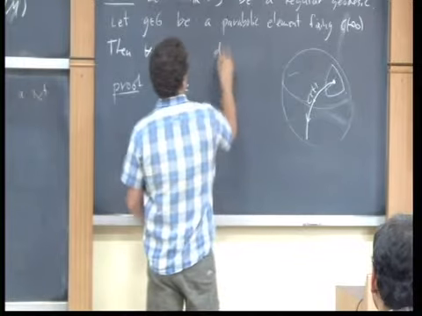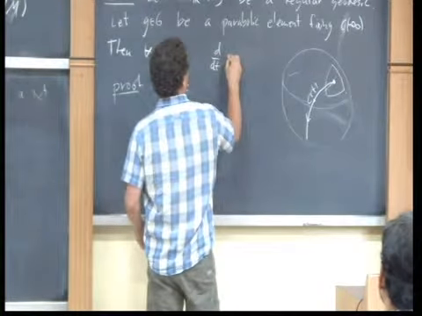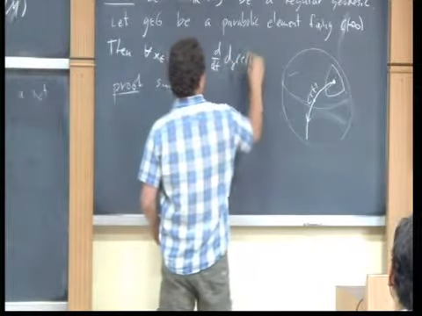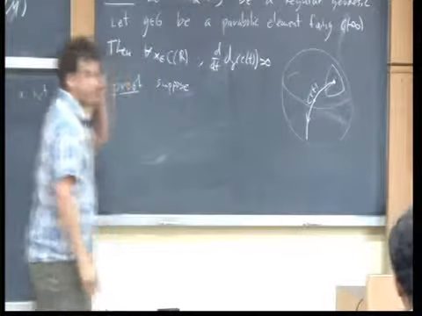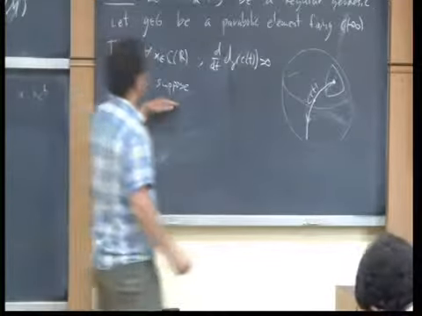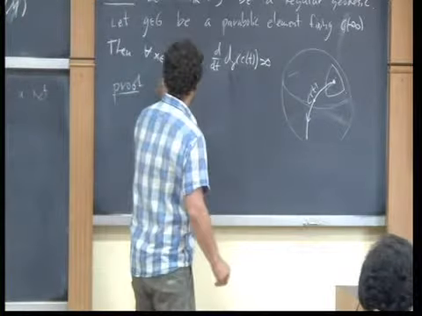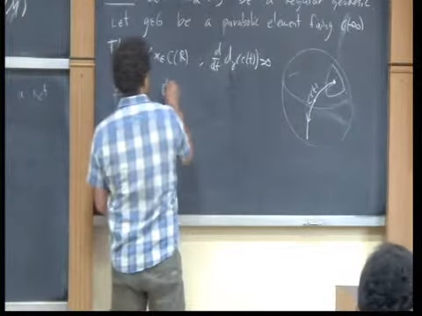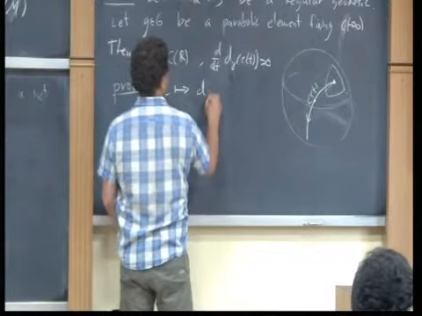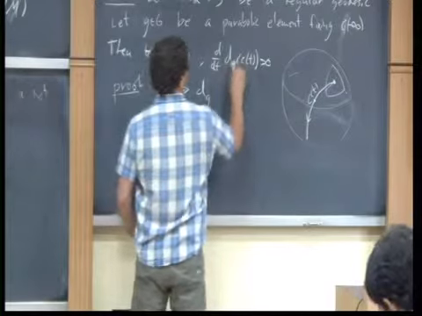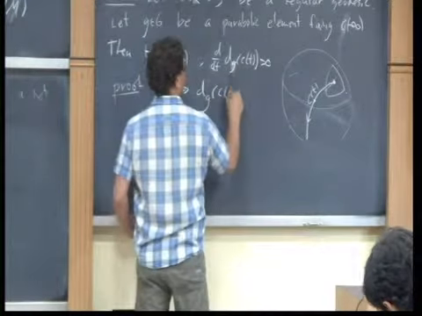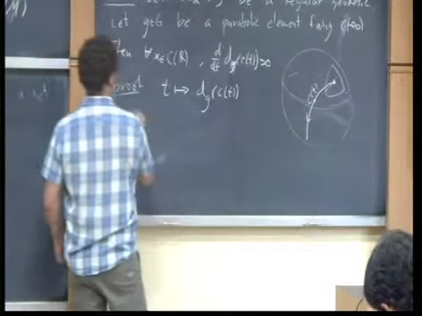So t goes to d of gamma of C of t. So t goes to d gamma in G. Yeah? So t goes to d gamma of C of t is a convex function.